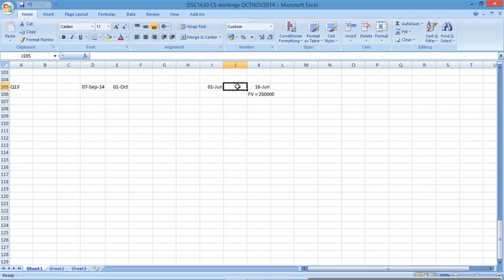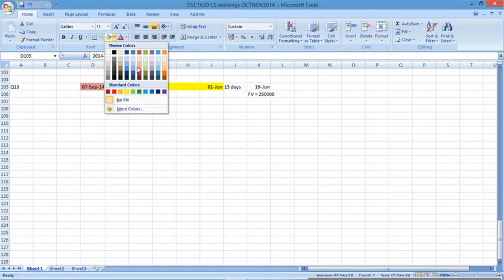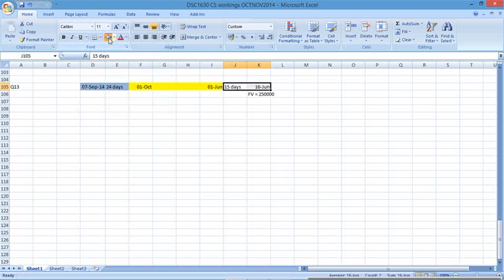Obviously I need the number of days here, so use your table to count the number of days from 1st June to 16th June. You're going to get 15 days. From 1 September to 7 September, 24 days. So I've got full periods and odd periods here, so odd period calculations and compound interest. How many months from 8 October to 1 June? 8 months.